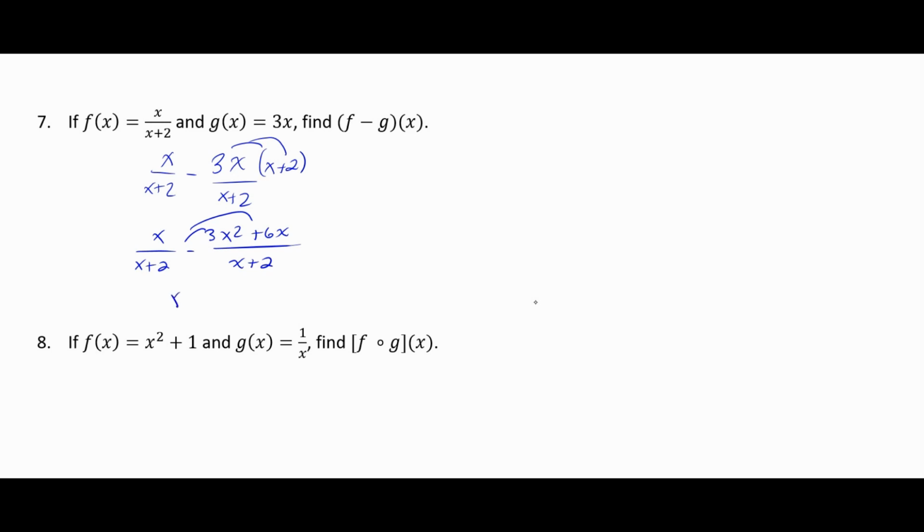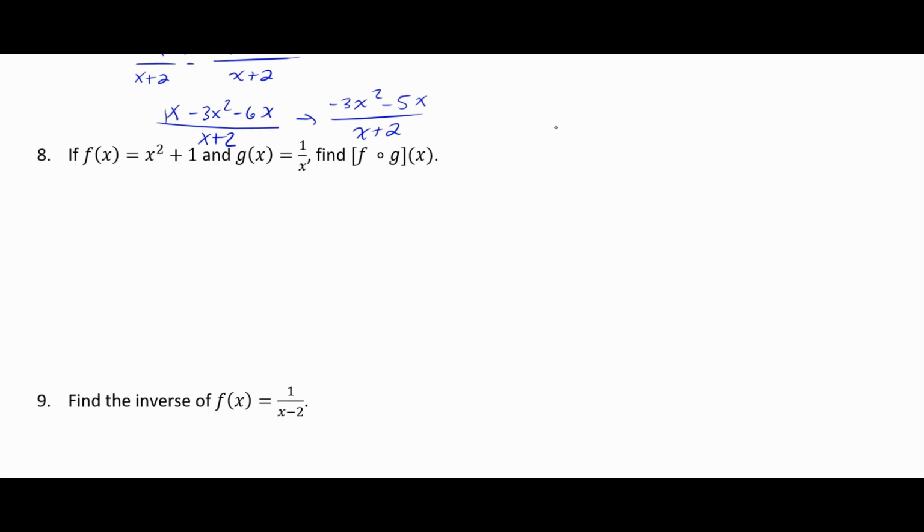So this is going to say x minus 3x squared minus 6x, because you distribute the negative, all over x plus 2. And then if we just want to write this in standard form a little bit, this becomes negative 3x squared, x minus 6x, that'll be minus 5x, all over x plus 2.